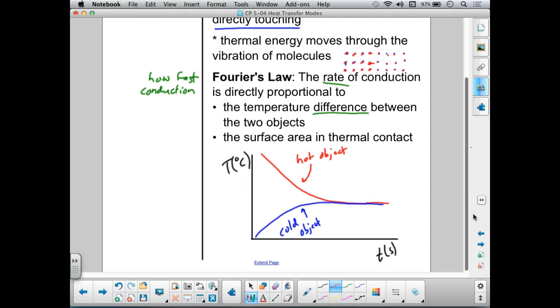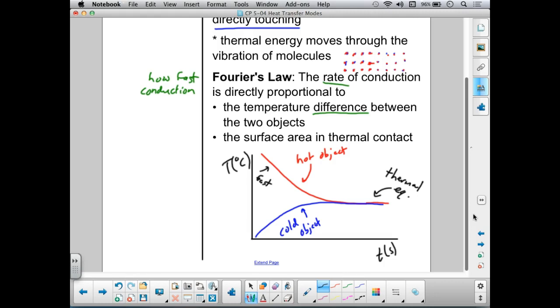We've already seen in our investigations that heat occurs between both of these objects, and thermal energy is going to flow from hot to cold until they eventually reach the same temperature. We called that thermal equilibrium in a previous lecture. Notice right here, conduction is happening very quickly.